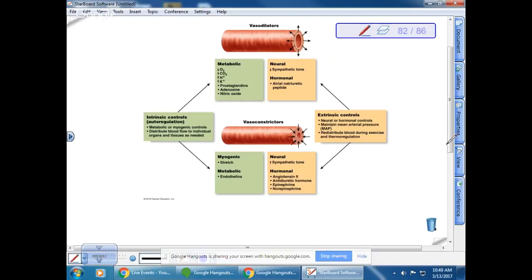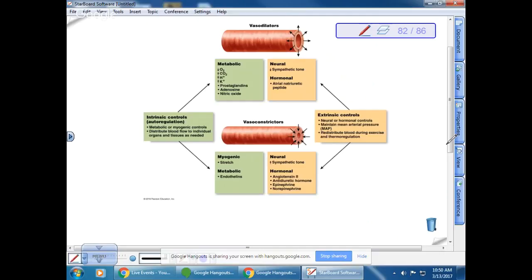Then we also have neural and hormonal. ANP is a powerful dilator produced by the heart. We talked about that. And then we also talked about neural: if you decrease sympathetic tone, you get dilation. If you increase sympathetic tone, then you get constriction. And then all of these other things are important vasoconstrictors.